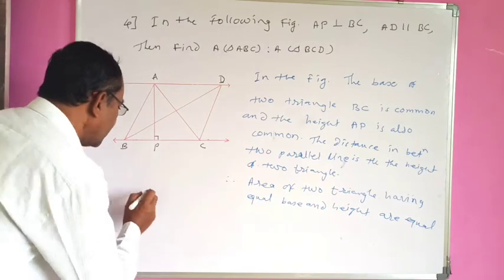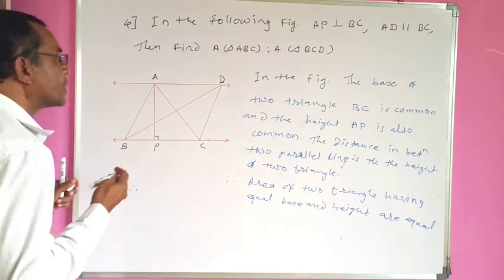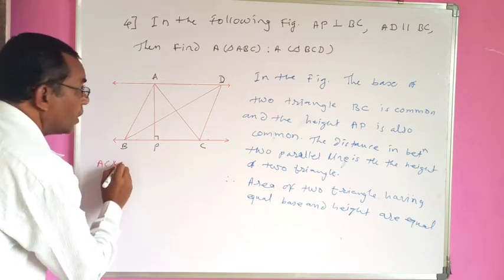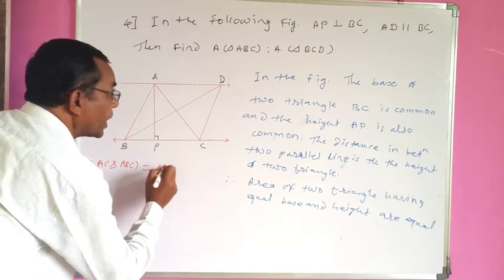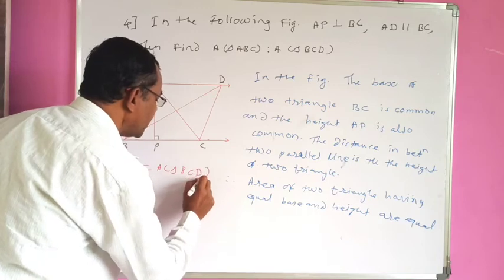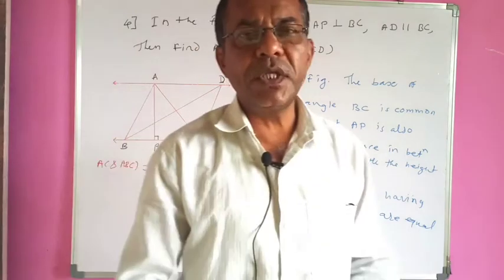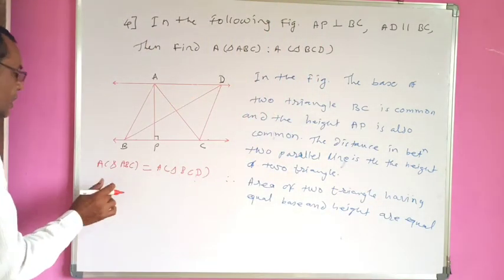Okay, then I will write here, therefore area of triangle ABC is equal to area of triangle BCD. And if I will take the ratio of these two triangles, then what will be here?